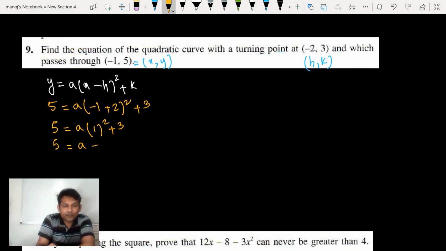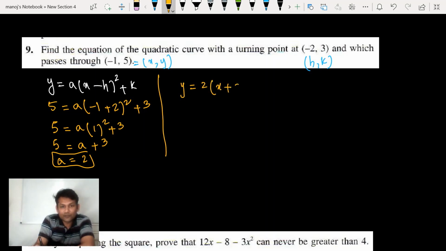A times 1 is a, plus 3, and a is becoming 2. When the value of a is 2, the equation will be y is equal to 2, x minus h, where h is minus 2, will become plus 2 whole square, and plus k is 3. You can leave it like this, or you can expand the equation.